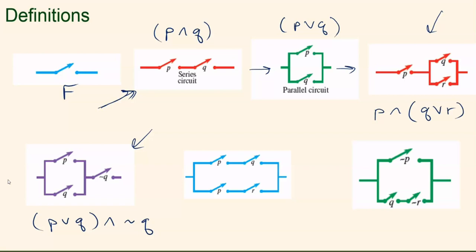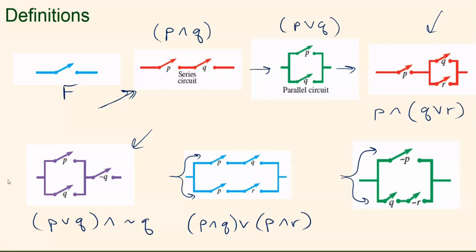It's got to do one or the other, so it's either going to go this way or it could go this way. So we could write this as P and Q, that's the top one, or the bottom one, P and R. And finally, the last one, again, you can see this is an OR situation. It's a parallel circuit. So we could either do not P or Q and not R.